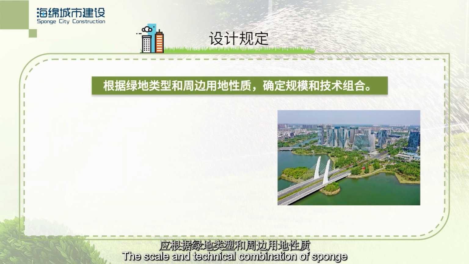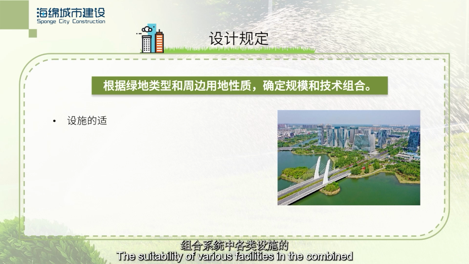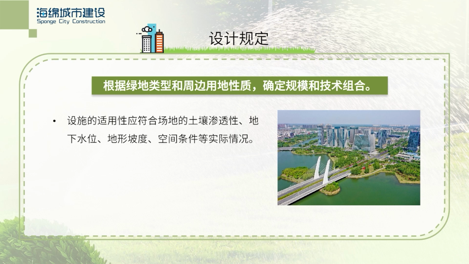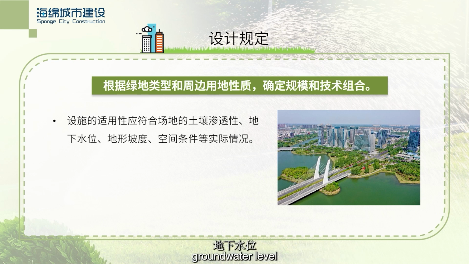The scale and technical combination of sponge city facilities should be determined according to the type of green space and the nature of surrounding land use. The suitability of various facilities in the combined system should be in line with the site's soil permeability, groundwater level, terrain slope, and spatial conditions.